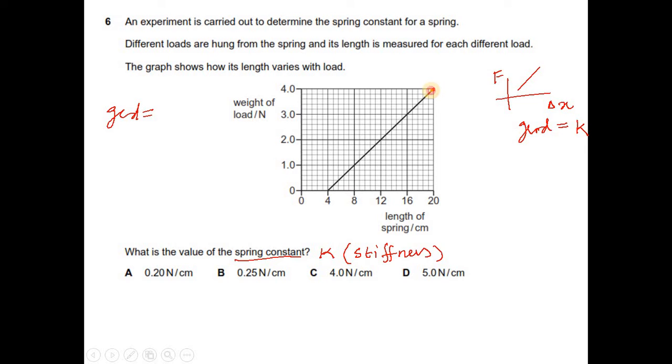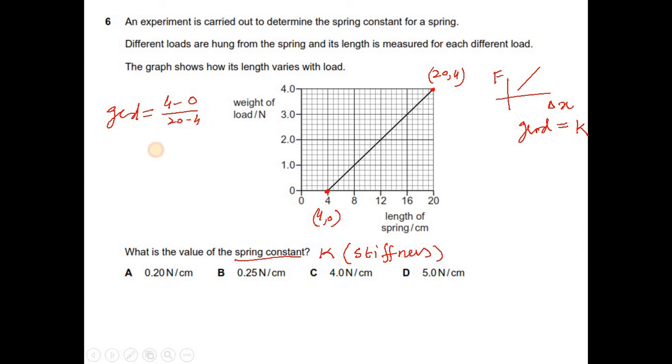You will take 2 points on the line. You can choose any 2 points, but I'm choosing these two because these are the easiest ones, and clearly the coordinates of this point are 20, 4, and the coordinates of this point are 4, 0. Now the gradient will be y2 minus y1, in this case 4 minus 0, divided by x2 minus x1, so 20 minus 4.